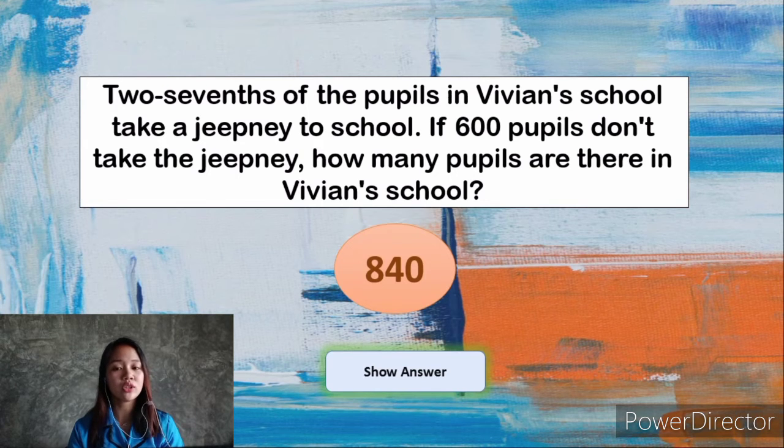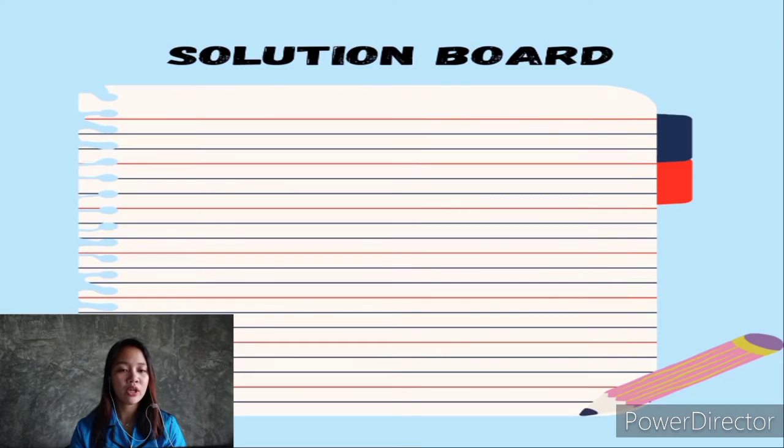Next question. 2/7 of the pupils in Vivian's school take a jeepney to school. If 600 pupils don't take the jeepney, how many pupils are there in Vivian's school? So, ang sagot ay 840. So, ito yung formula kung paano nakuha yung 840.